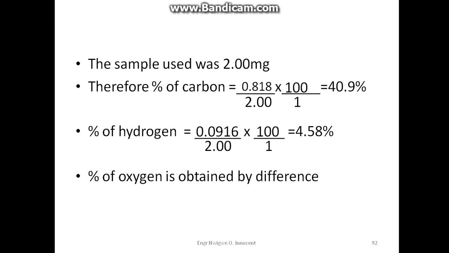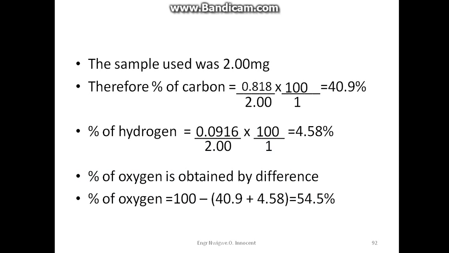Percentage of oxygen will now be equal to 100 minus, in bracket, 40.9 plus 4.58, which will give us 54.5%.